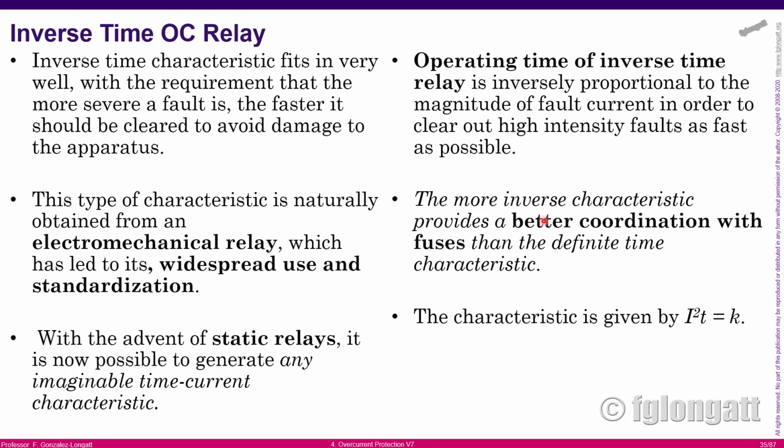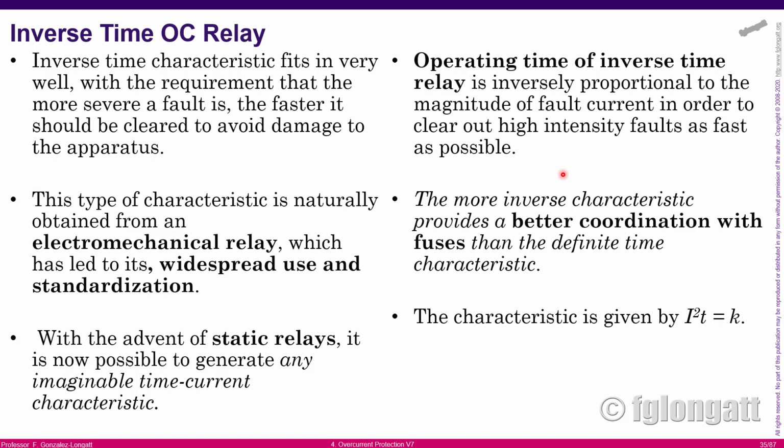Okay, what we need to do is explain that those relays were created in order to add a fully defined characteristic between time and current, so that for big currents you have small operating times, and for very small currents you have a bigger time.